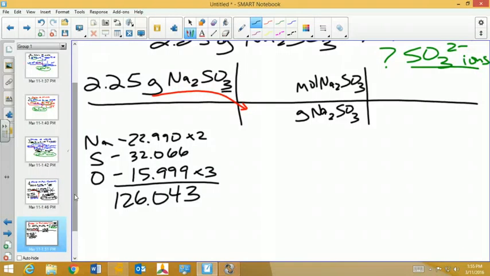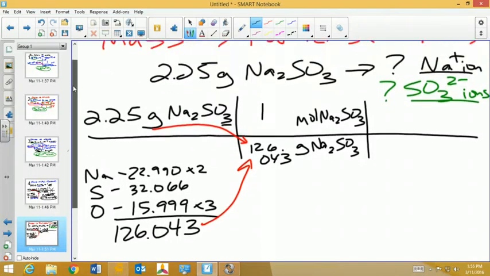So this is my number that I'm going to put into there. 126.043 grams of sodium sulfite in 1 mole of this stuff.